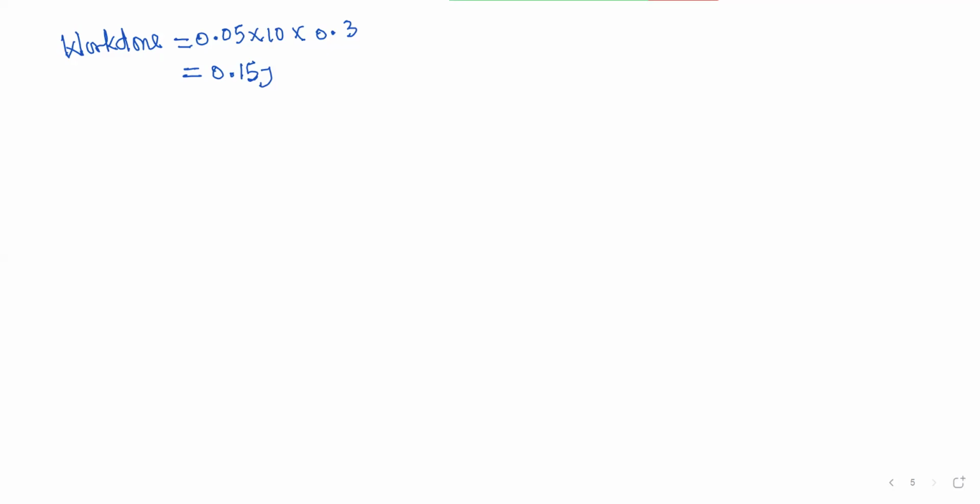What is the speed of the wave if its frequency is 8.0 hertz? So if the frequency of the wave is 8.0 hertz, what is the speed of the wave?